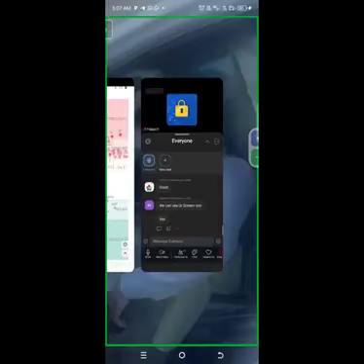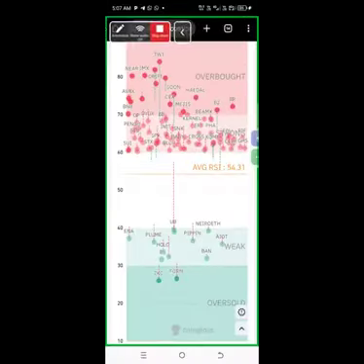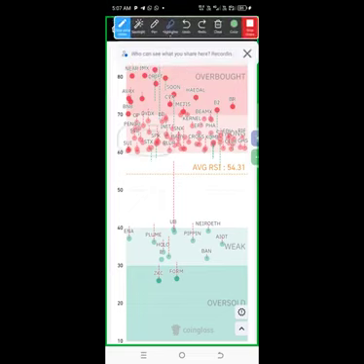Now the areas are two. We have two or three regions here. Over here, this place happens to be the neutral zone. You can see there are no assets here, right? So it simply means some of the assets are presently at the buying and overbought zone, and some of them are at the selling and oversold zone.